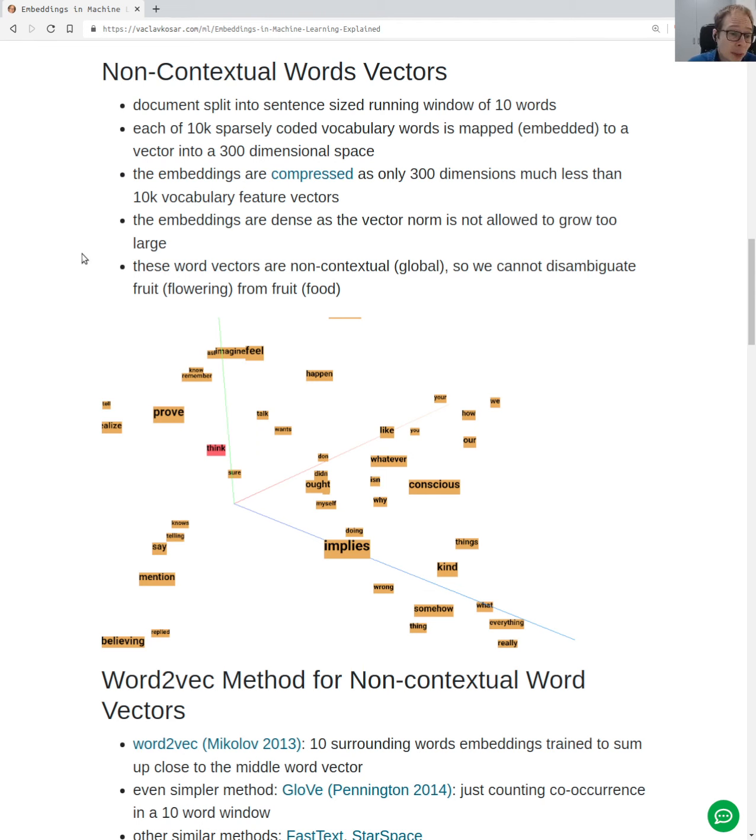And basically we split the document into some sentence sizes and words, and then we could try to represent each word as a vector in some smaller space, for example 300 dimensions.